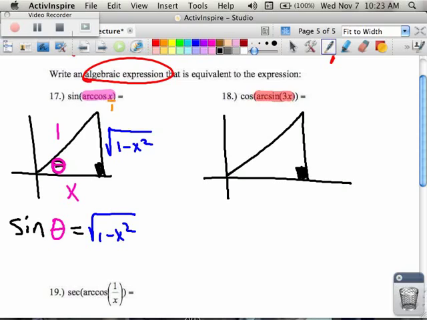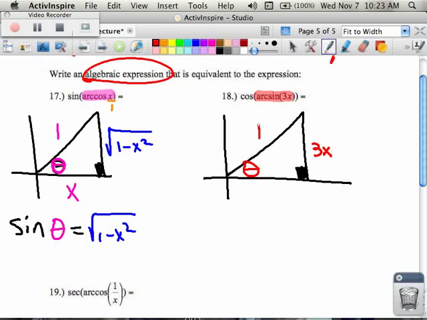The red inside stuff is saying look for the angle in that first quadrant. Oh, there it is. That angle has to have a sine of 3x, which is the same as 3x over 1. So here's the 3x, and here's the 1. I need to find the other side.